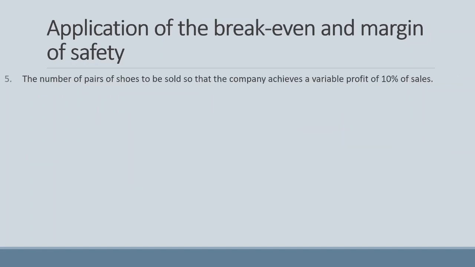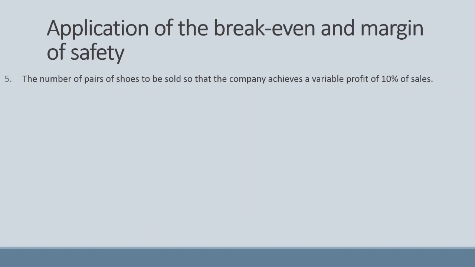Our next required goes back to the concept of a target profit that needs to be achieved. However, unlike required 2, we now have a variable target profit rather than a fixed target profit. Remember, our fixed target profit is a constant number, such as 100,000 Rand or 35,000 Rand. The target does not change with the number of units sold.